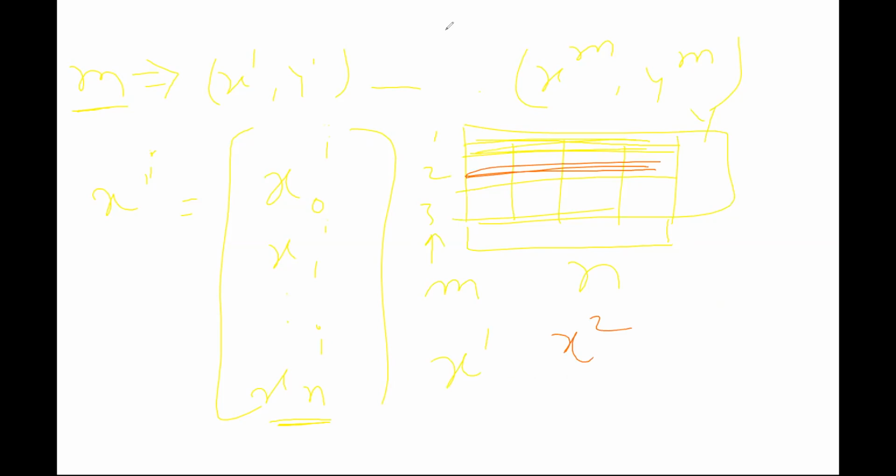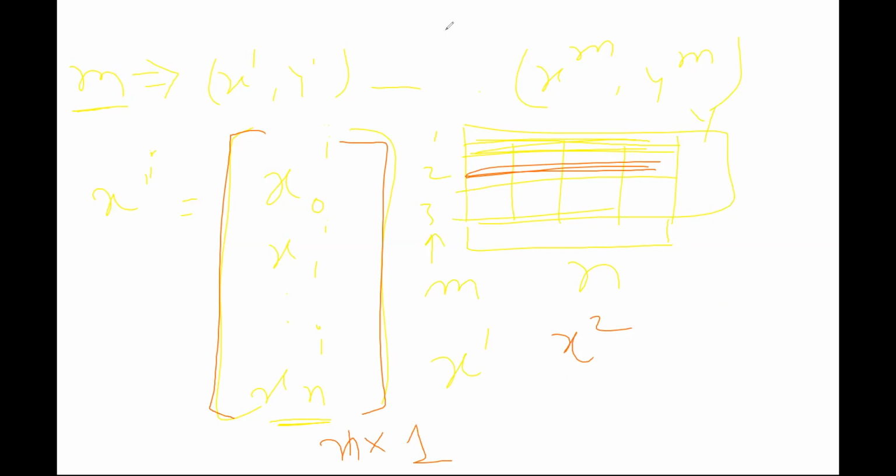Now, when I am using the vector form, I use this representation. This is a vector, which is an n cross 1 matrix, and it is one data point.